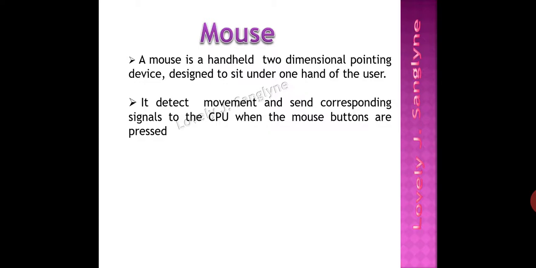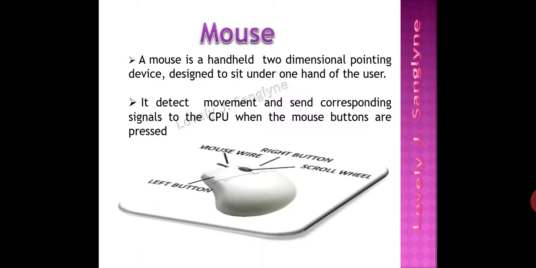A mouse is a handheld two-dimensional pointing device designed to sit under one hand of the user. So a mouse is a pointing device, and it is another essential input device used to interact with the computer. It detects movement and sends the corresponding signal to the CPU when the mouse buttons are pressed. So we can see here the mouse buttons.